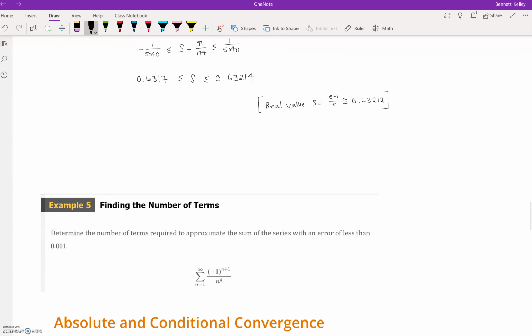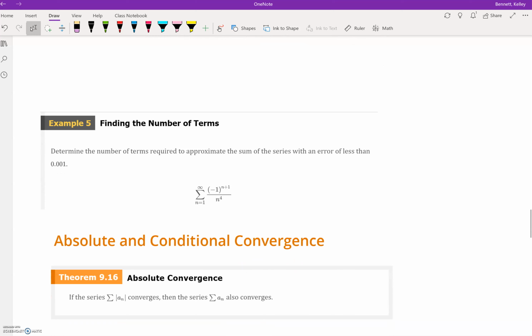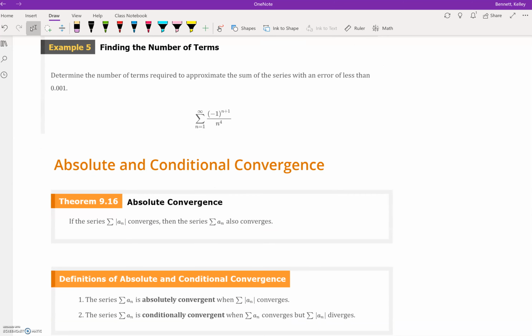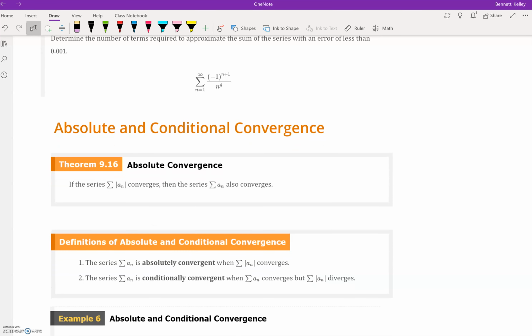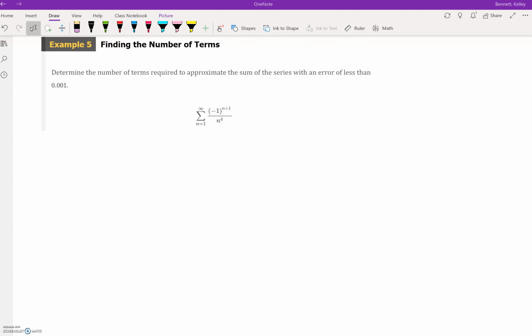All right, the next example I want to do is figuring out how many terms we need to hit a certain margin of error. So here we're really just trying to find n, capital N, such that the absolute value of your remainder is less than 0.001.